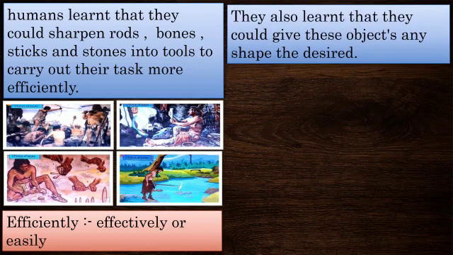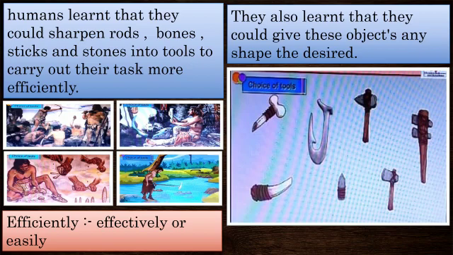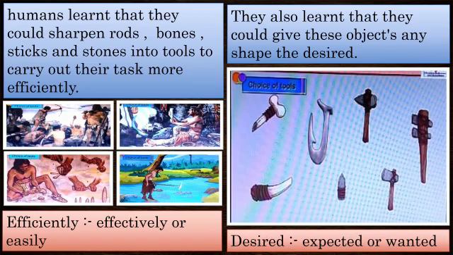They also learned that they could give these objects any shape they desired. Desired means expected or wanted. So, my dear students, with their continuous and minute observation and experimentation, they learned that they could give these objects, meaning rods, bones, sticks, and stones, any shape they wanted.